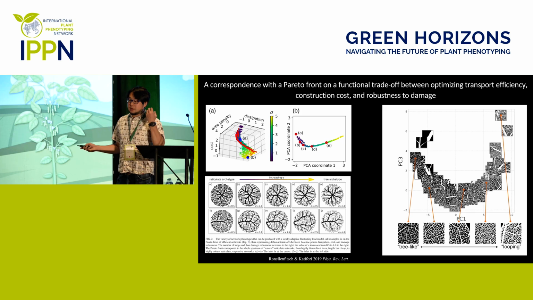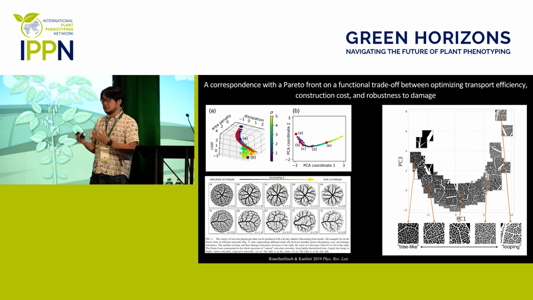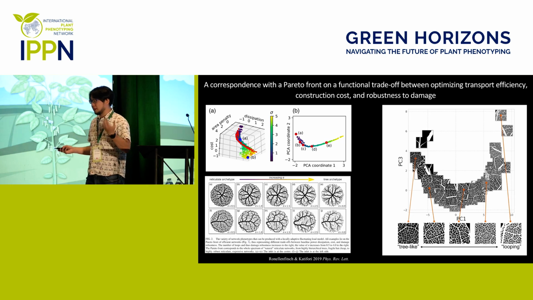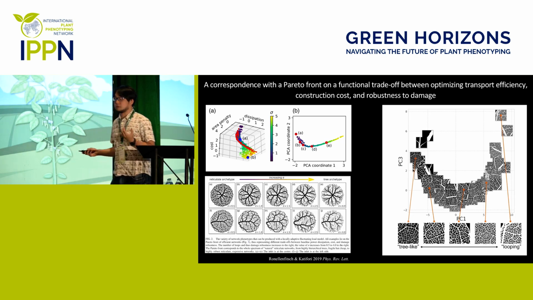So maybe the venation patterns occupy this specific subspace of the phenotypic space as a consequence of the evolutionary process under the several functional demands.